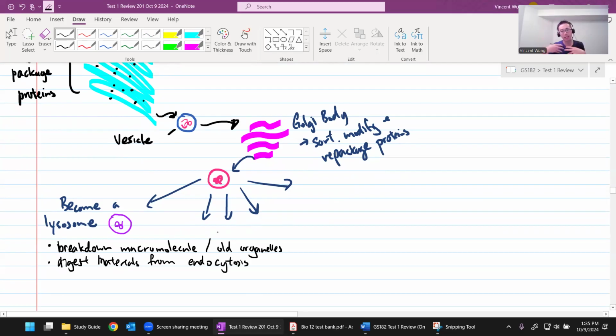When a cell brings something into the cytoplasm, you need to break it down, right? That's the job of the lysosome. Or they could trigger apoptosis, programmed cell death. Kill the cell deliberately. If it's too old, if it's not functioning, or if it's supposed to die, then the lysosome is going to do it.